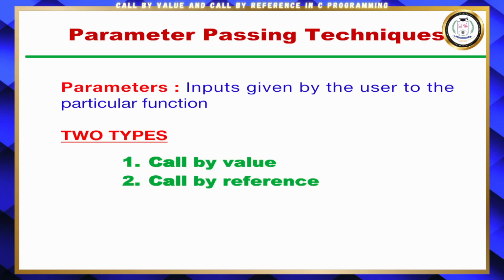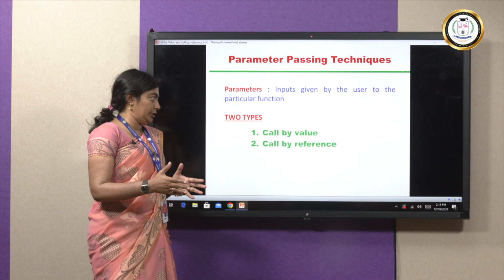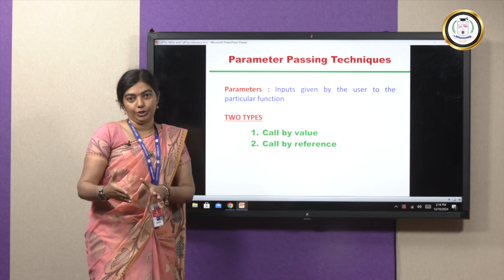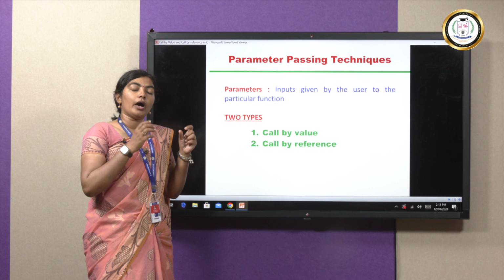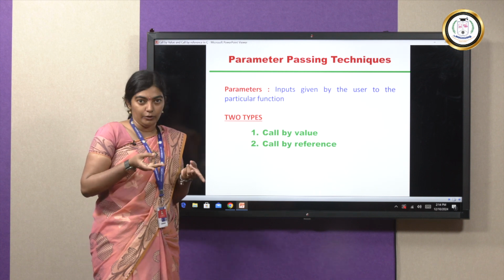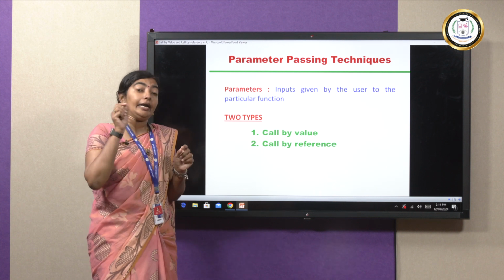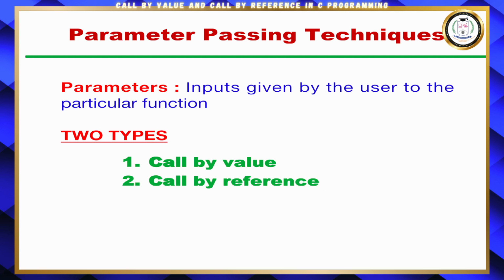Now we are going to see about call by value and call by reference, or we can call it the parameter passing technique. Nothing but while calling a function, how are you going to call it, using a value or by using a reference? So I'm going to call by using values, or I'm going to mention the memory address location of those variables to use inside my program.